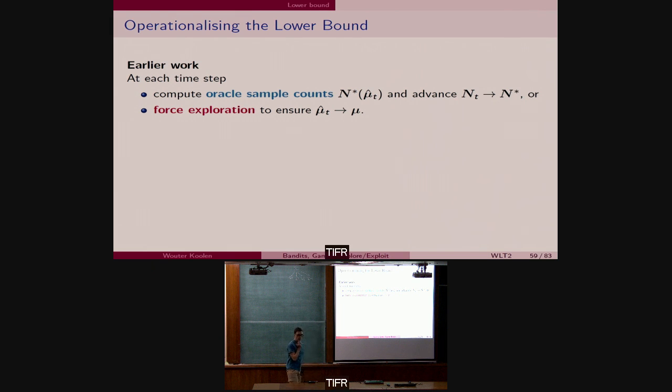So what happened before? People were going along the same lines as track and stop. They said, okay, at each point in time, let's compute the optimal sample count of every arm for the plug-in estimate you had, and then make sure that our actual sample count advances toward that. Okay. And then we have to make sure that our mu hat actually converges to mu, so we add forced exploration.